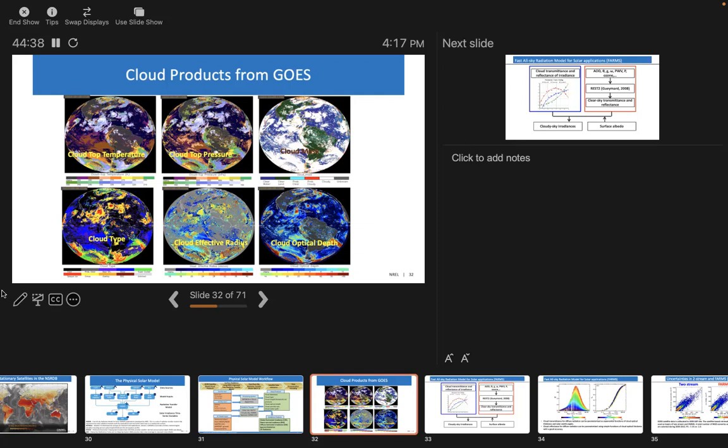So, yes, it's cloud temperature, the top of the cloud. The very high clouds are very cold. They're all ice crystals, and they're probably at minus 40, minus 50, or even a little lower.